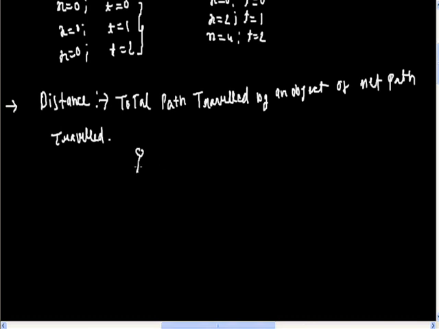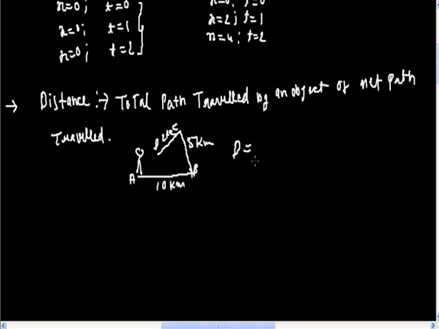Let's take an example. A person standing on a ground moves 10 km from point A to B. After that it moves B to C, 5 km. Then after C to D it moves 2 km. Now you have to say how much distance it travels according to the definition.